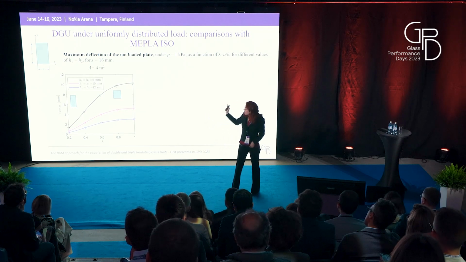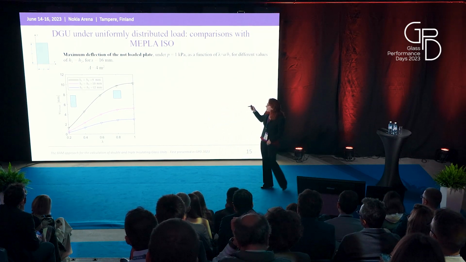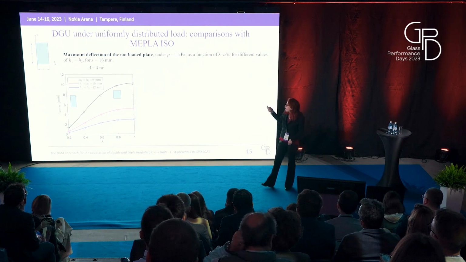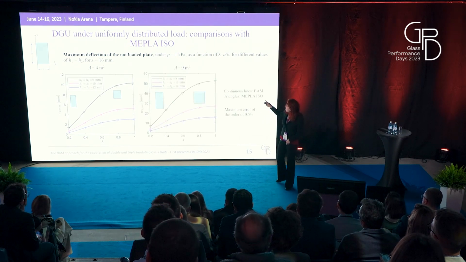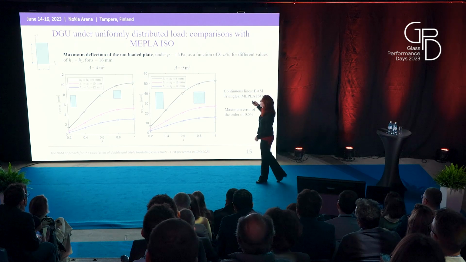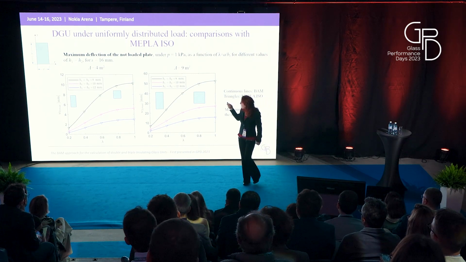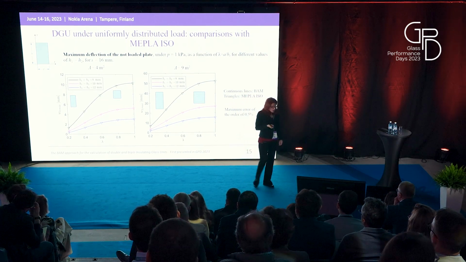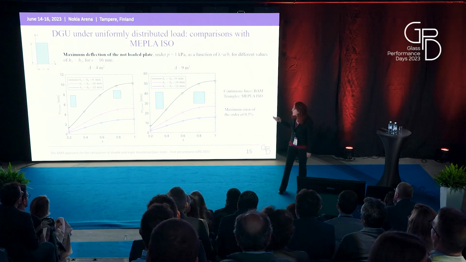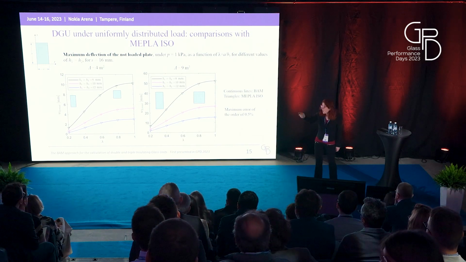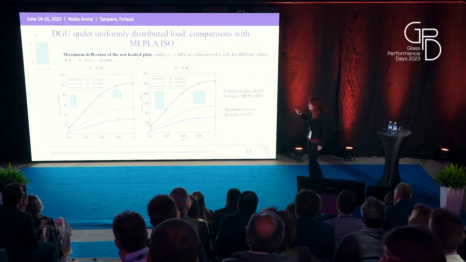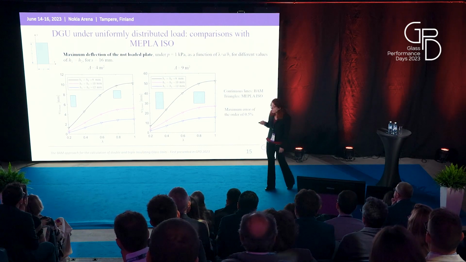The graph on the left refers to a pane of an IGU with an area of 4 square meters, and the one on the right to a plate with an area of 9 square meters. There is a very good agreement between analytical and numerical results, and it may be verified that the maximum error is of the order of 0.5%.